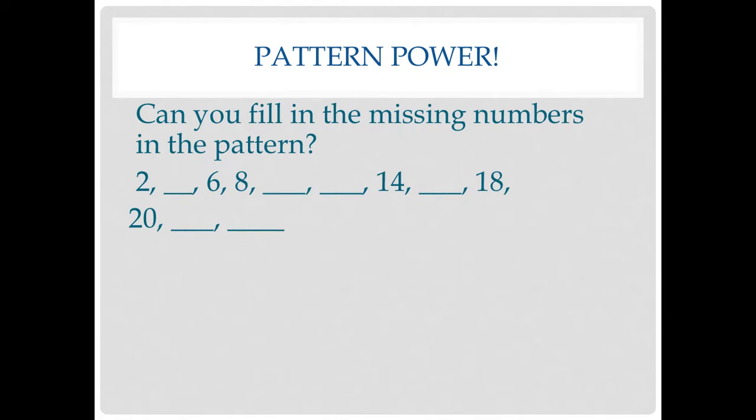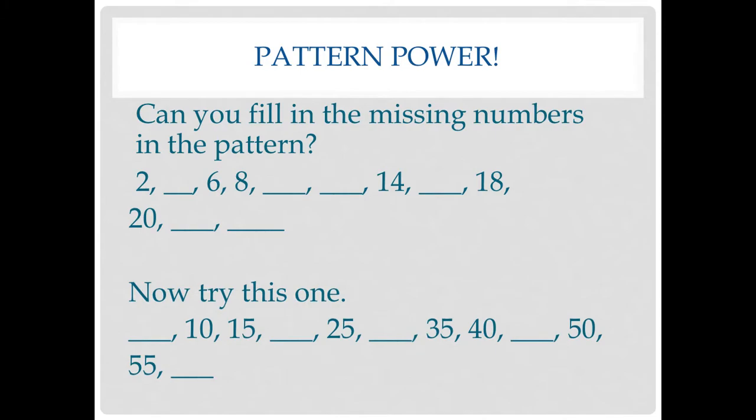When you are skip counting, you are going by patterns. So skip count with me: 2, 4, 6, 8, 10, 12, 14, 16, 18, 20, 22, and 24. Now let's try by 5's.